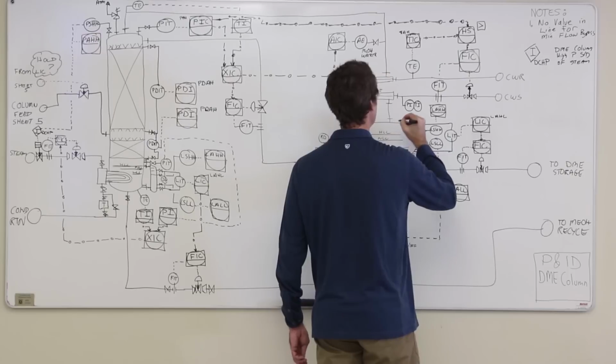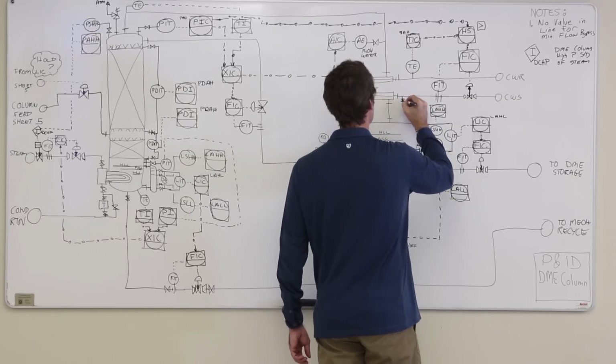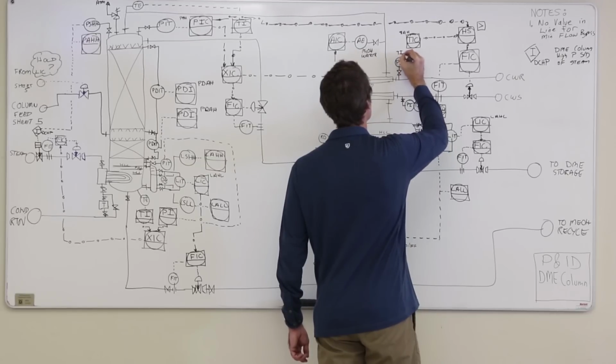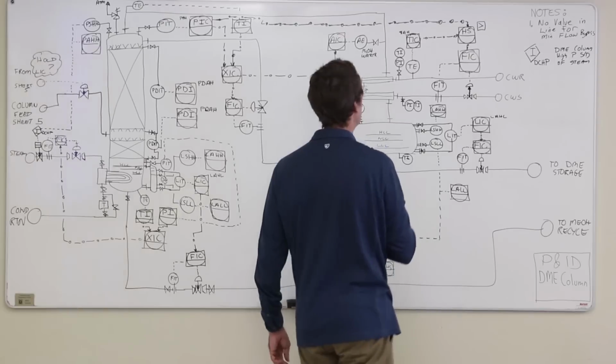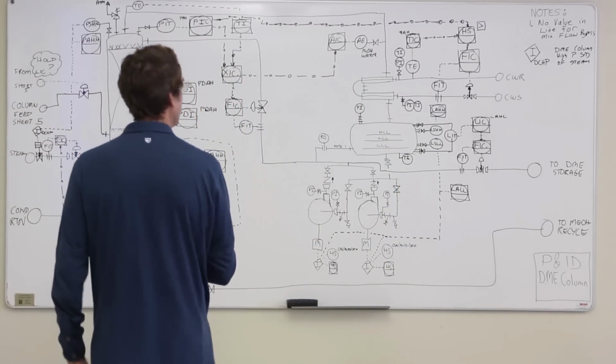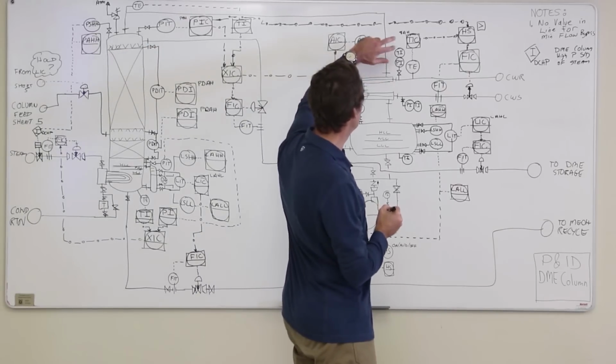Sometimes you'll split it up into two different gauges. Sometimes you'll do it just as one. Probably a valve on there. Actually, I'm not sure whether they do put a valve on there or not. It's not cooling water, so I'm not going to worry too much about it. I have to check to see how they make those gauges. So if the two bubbles are touching, then that means that they're one device.